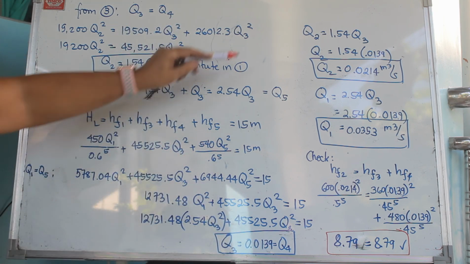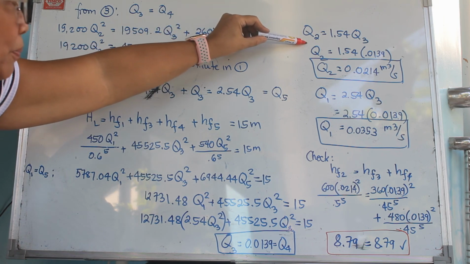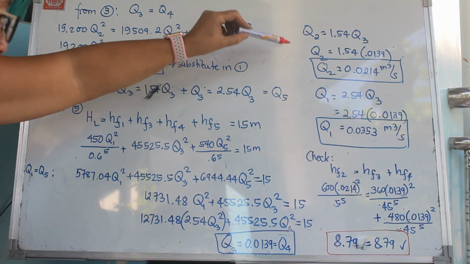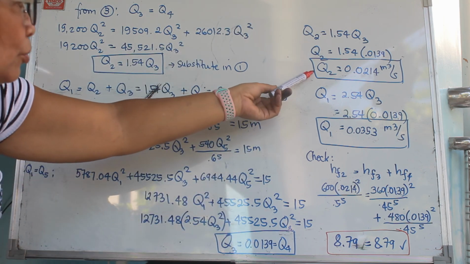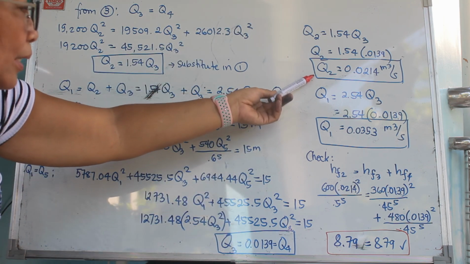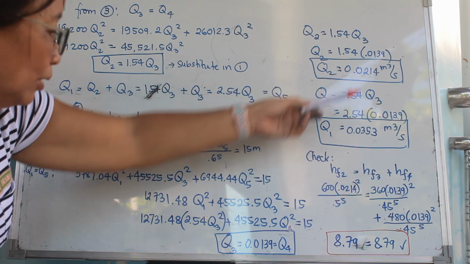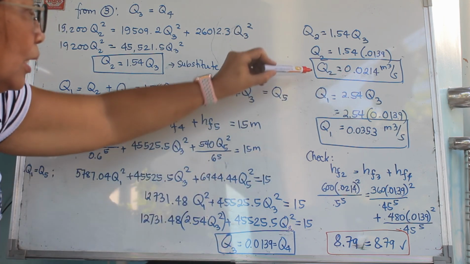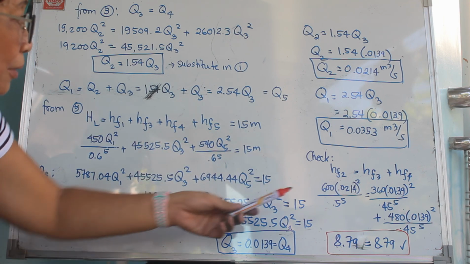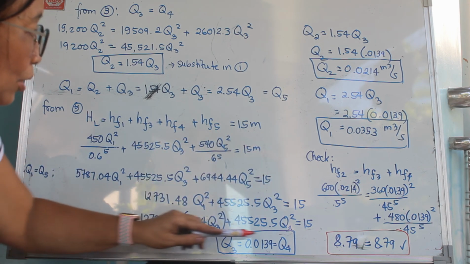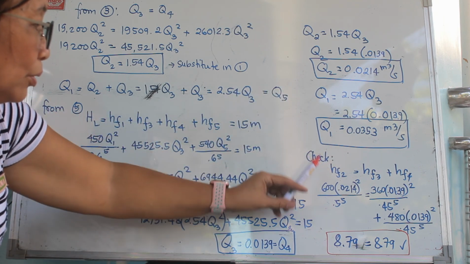From here, Q2 is 1.54 Q3, so Q2 is 0.0214, and Q1 is 2.54 Q3. Since we have obtained Q3, we can solve for all the other discharges through the other pipes. We have Q3, Q4, Q1, and Q2. Q1 is also equal to Q5.